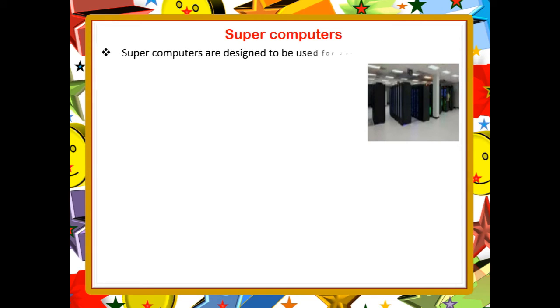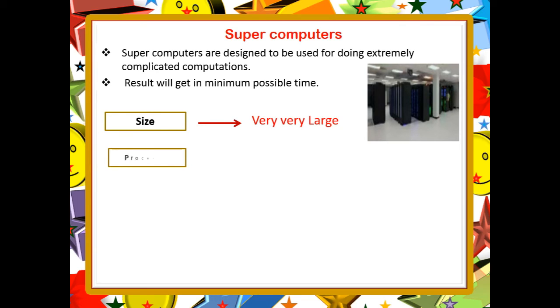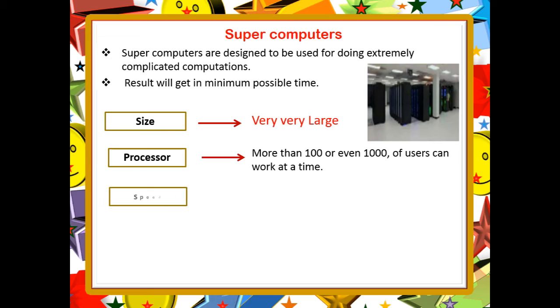Now let's talk about the supercomputers. Supercomputers are designed to be used for doing extremely complicated computations. The result will be obtained in the minimum possible time. That is a speciality. Its size is very large as compared to the mainframe and other computers. More than 100 or even thousands of users can work at a time.